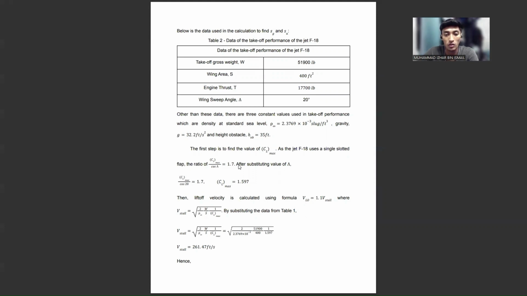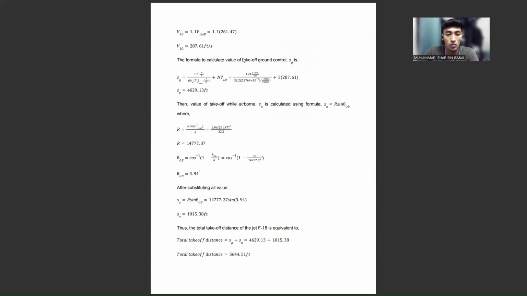For the first step, we need to find the value of CLmax. CLmax can be obtained from the ratio of CLmax over cos of the angle, and we can get this value from the table. Then we need to find the lift-off velocity, which is VLO. First we calculate VSTALL and then substitute it into this formula, and we will get the value of VLO. After that, we can find the value of takeoff ground roll, which is SG.